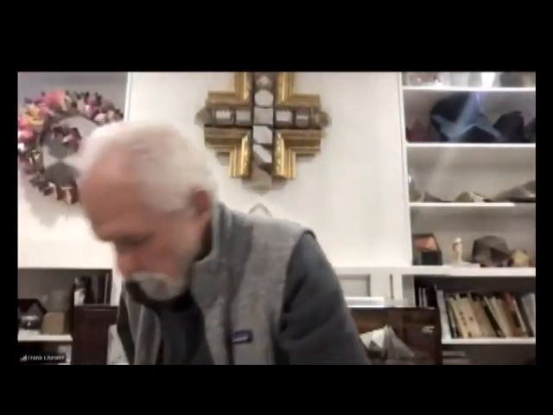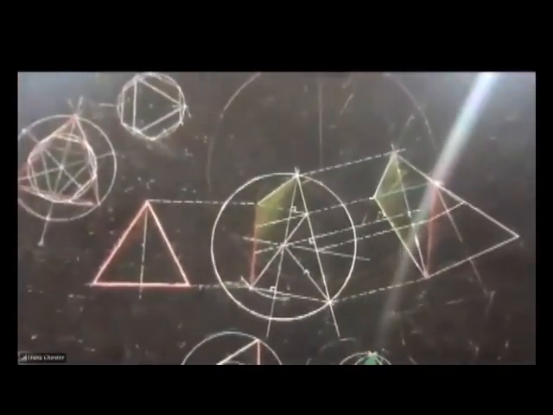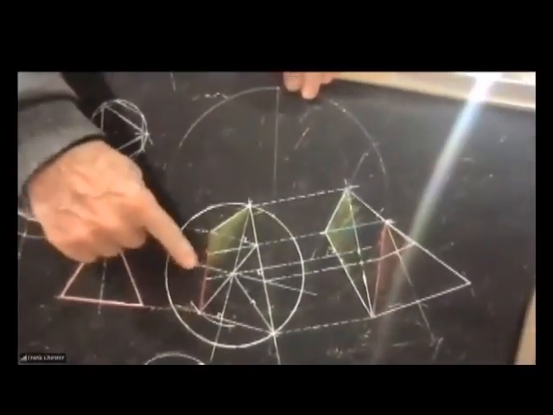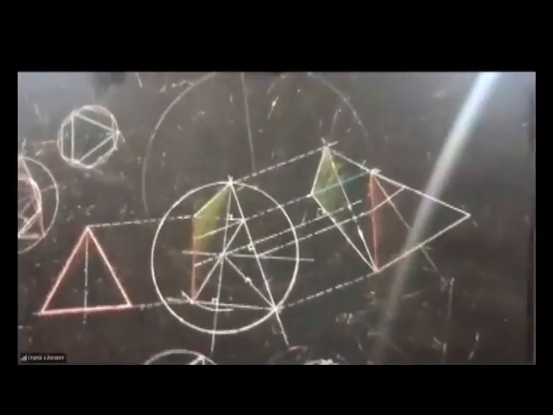Now, here's another drawing that shows the tetrahedron in a sphere, and it's very difficult to draw an asymmetrical form in a circle or a sphere, but it's there.